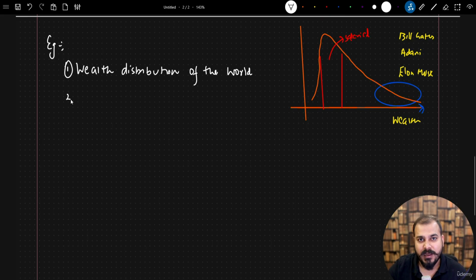Now the second example, and like this we have a lot of examples: in a discussion forum, you can see the length of the comments.